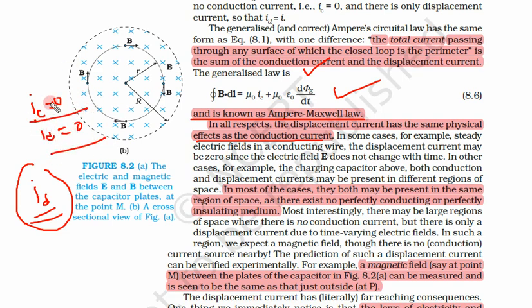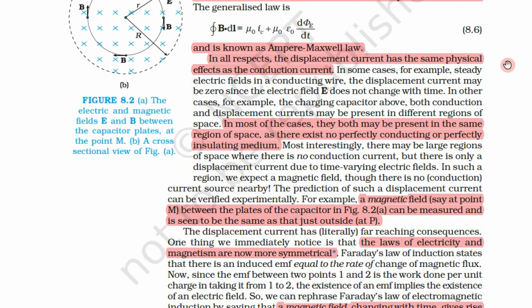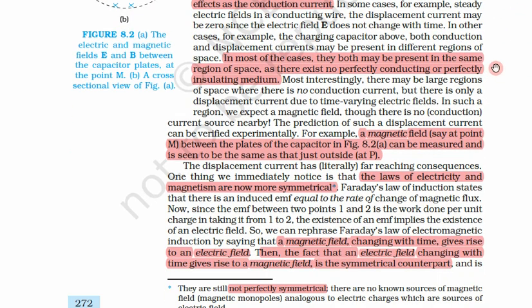That is only in an ideal situation, but in the real world there are very few ideal situations. That's why it is written that in most cases they both may be present in the same region of space. That means there is some IC and some ID.